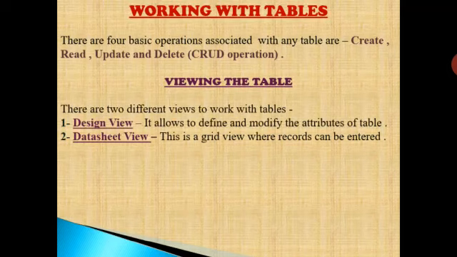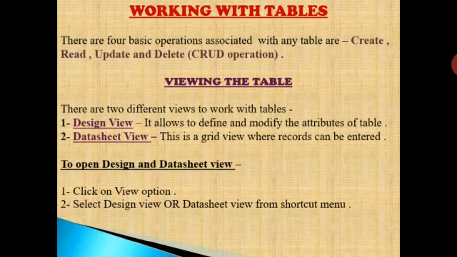In design view we create only the design of the table, meaning we give the field name with its data type. Here we are not able to enter the records, but in datasheet view we are able to enter the records as well as the field with its data type. How can we switch between design and datasheet view? Click on the view option, and select design or datasheet view from the shortcut menu.